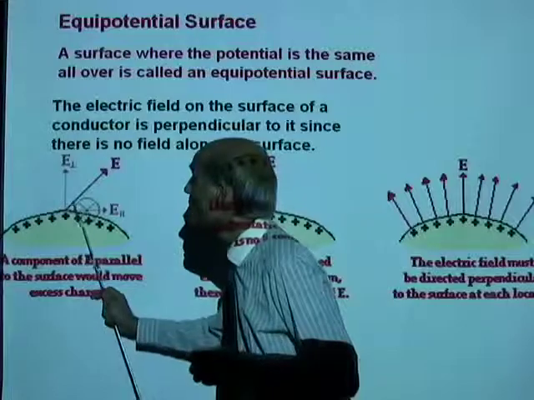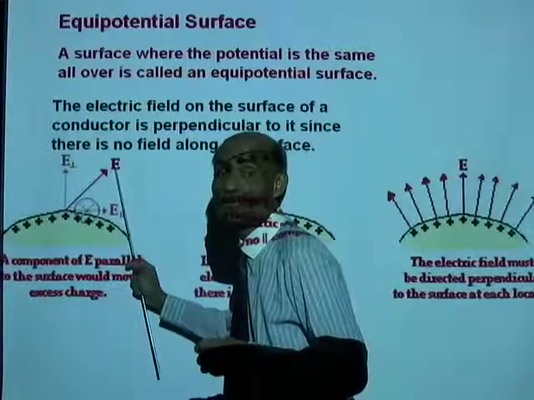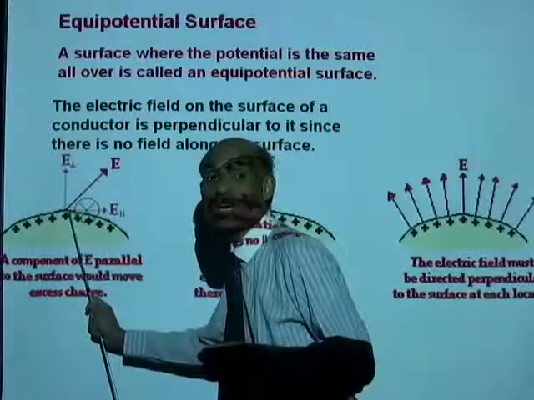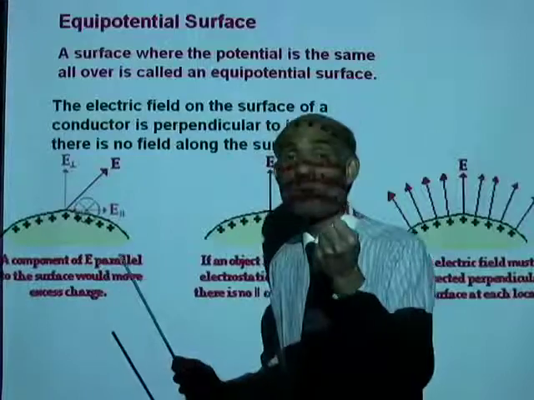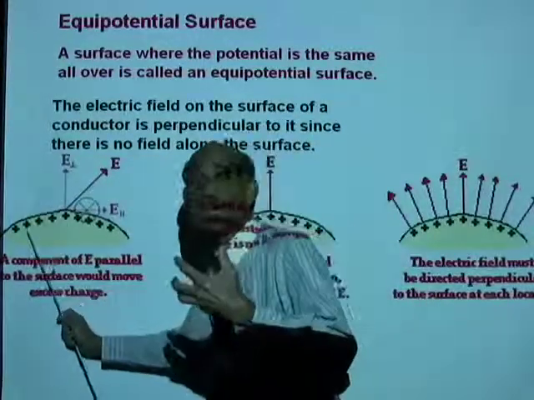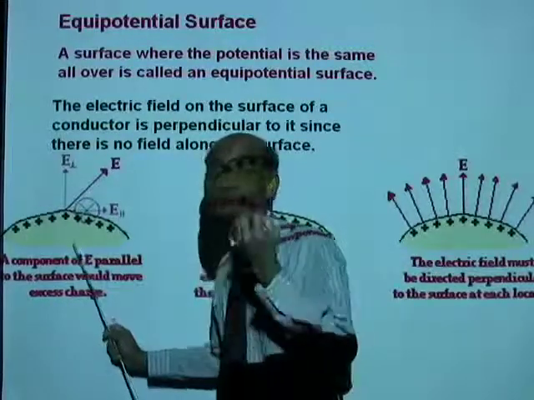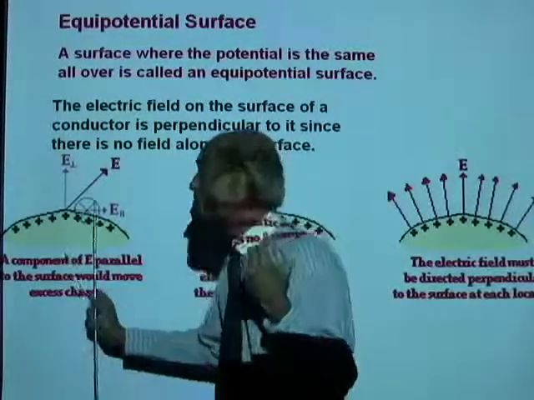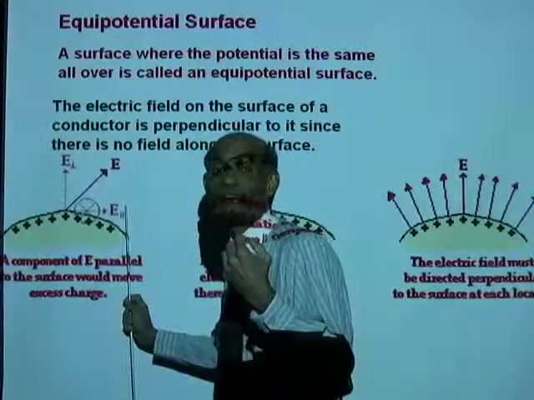If the electric field is not perpendicular, if the electric field is like this, then there will be a component along the surface. And if there is a component of electric field along the surface, it will make electric charges move on the surface. And since that does not happen, we know there is no electric field component along the surface.